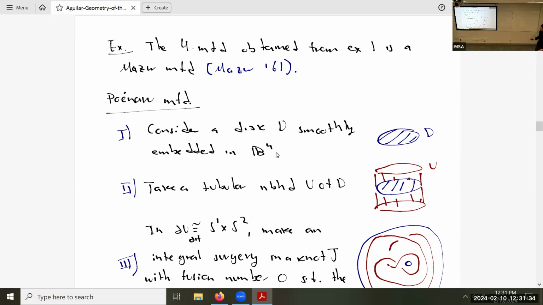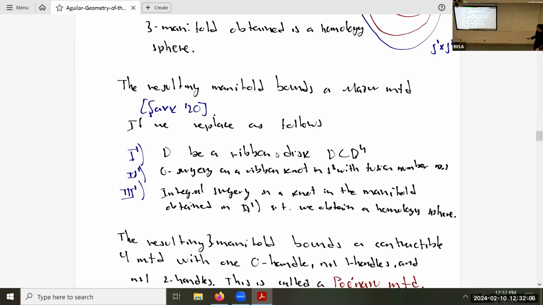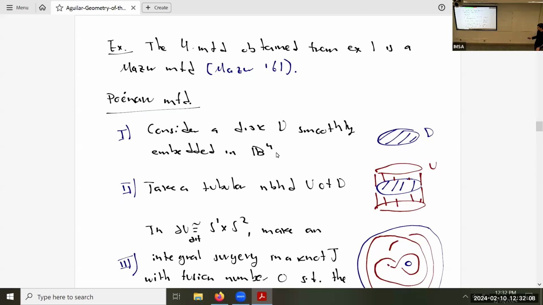Here I consider the trivial embedding. And then you have to consider a tubular neighborhood U of this disk. And if you look at the boundary of this U, this is going to be diffeomorphic to S1 times S2. And so in this boundary, you can make an integral surgery along a knot with some framing number, with some invariant, such that the 3-manifold obtained is a homology sphere.